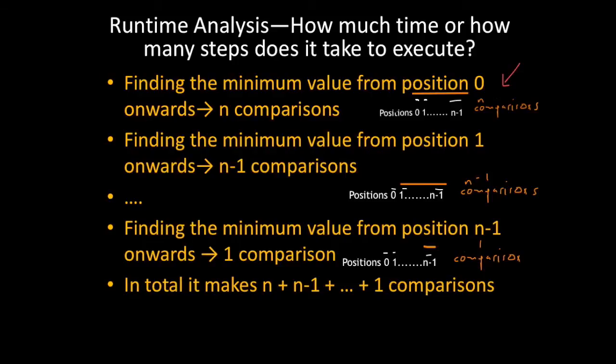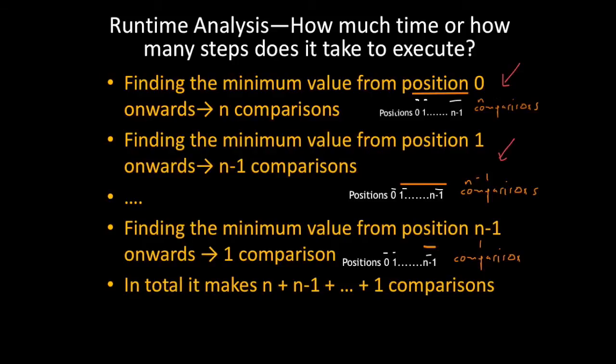If a value is less than the value at position 0, we recognize it as the new minimum and note where we found it. Next we find the minimum value from position 1 onwards, which will take n-1 comparisons, since we know the minimum value is at position 0. And we find the minimum value from each other position onwards and put it at the respective position.